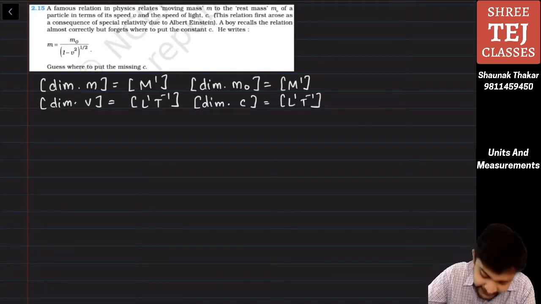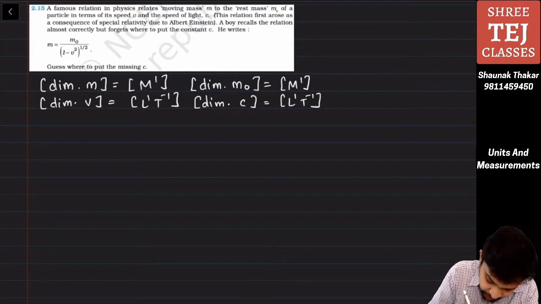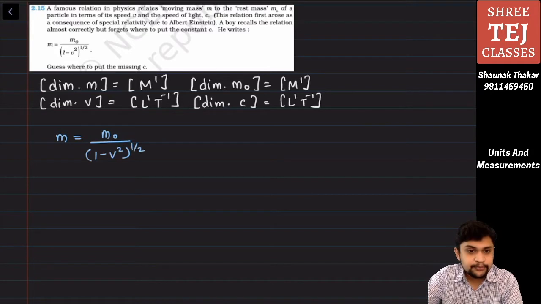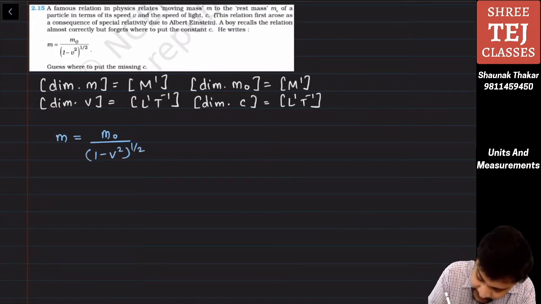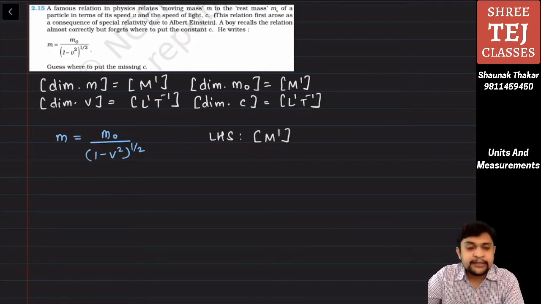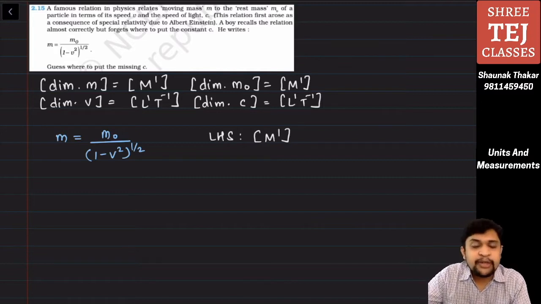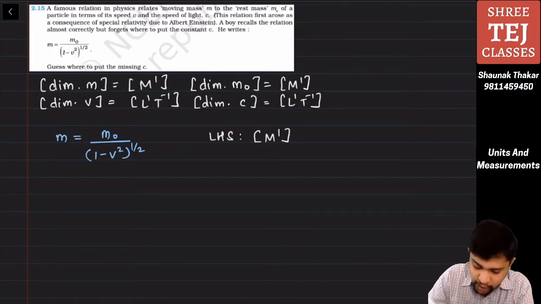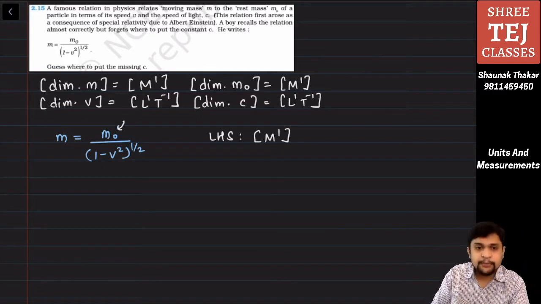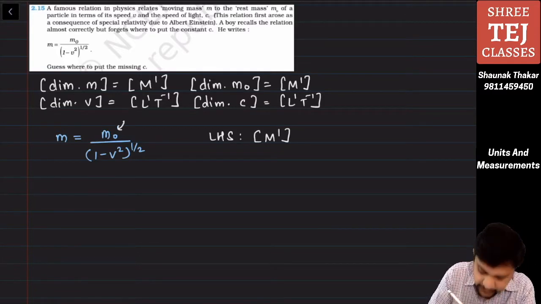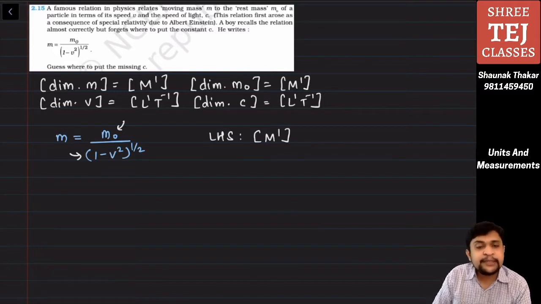Now the boy has written the equation to be m equal to m naught upon 1 minus v square raised to 1 by 2. Now left hand side we have dimensions of just mass. LHS we just have M raised to 1. RHS also should have dimensions of mass, which are obtained from this m naught. Therefore, we should be dividing by a dimensionless quantity.